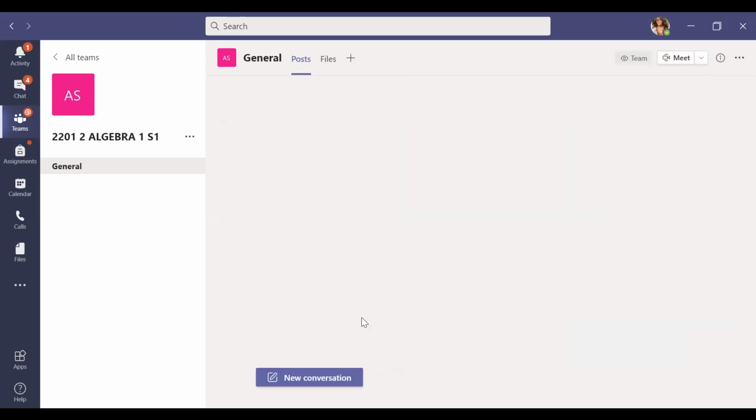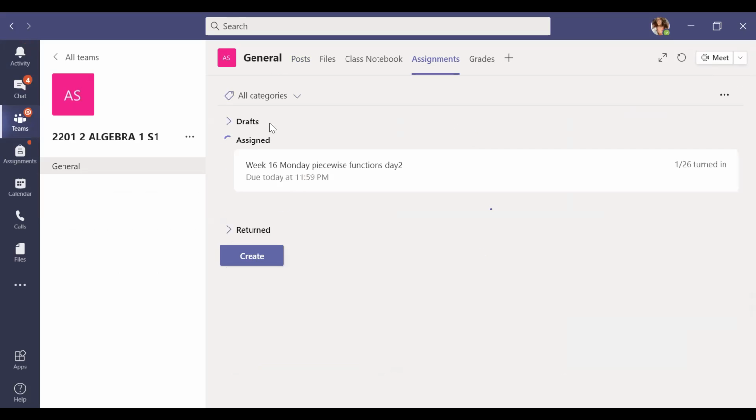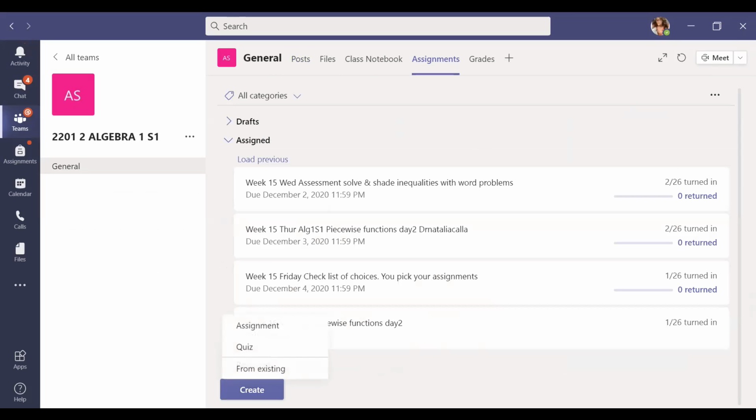Algebra 1. And I'm going to go ahead and just create a new assignment. And that new assignment is going to be for week 16 Tuesday. And the topic we're going to talk about is graphing linear inequalities in standard form.